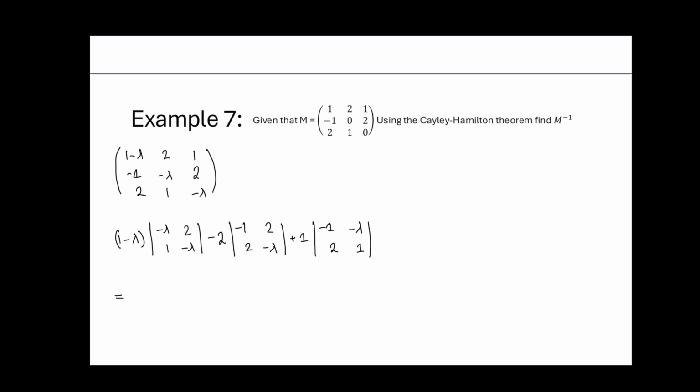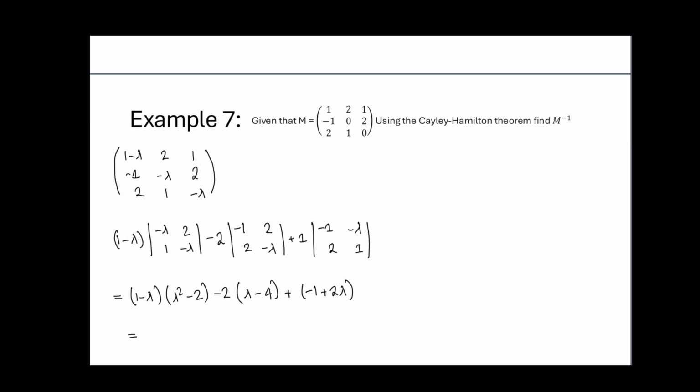If we now expand everything out and work out the determinants, we get lambda squared minus 2, bracket lambda minus 4, and plus minus 1 plus 2 lambda. When we expand everything out and collect the like terms, we are left with minus lambda cubed plus lambda squared plus 2 lambda plus 5 is equal to 0.